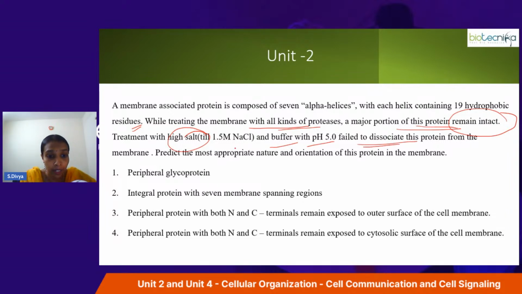Now you have to predict the appropriate nature and orientation of this protein in the membrane. The first option is peripheral glycoprotein; second, integral protein with 7 membrane spanning regions; third, peripheral protein; and fourth, with both N and C terminals exposed to the outer surface of the membrane or the cytosolic surface of the cell membrane. So you can give your answers.